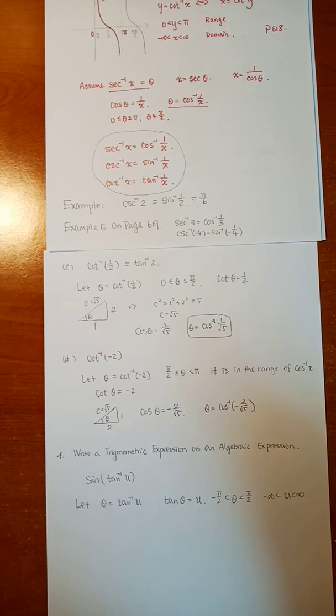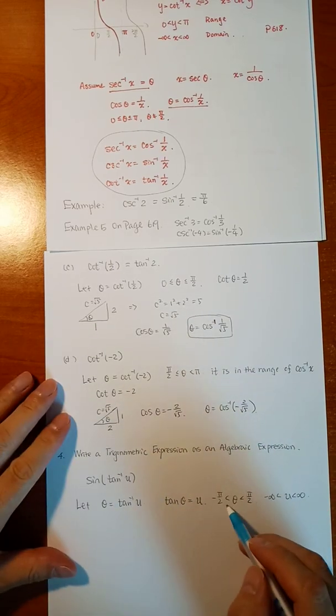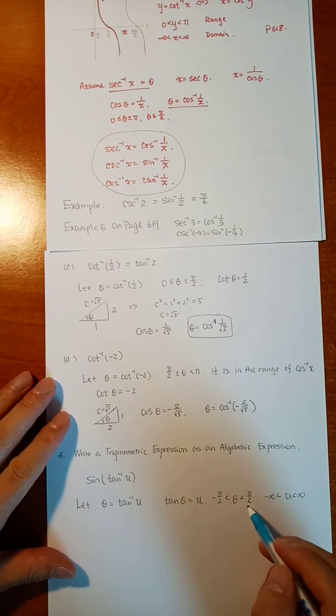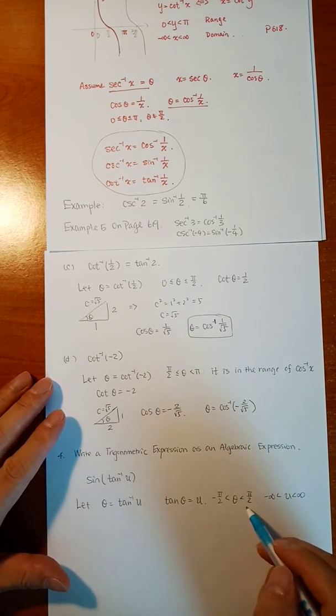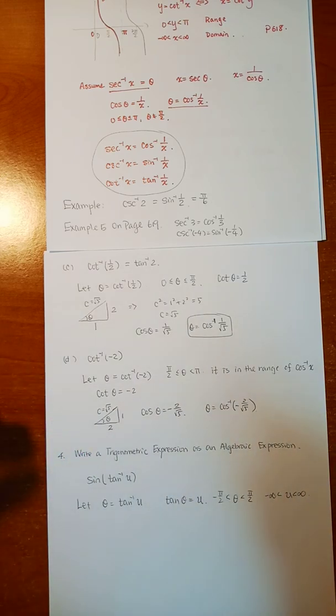Okay? So what do we have? In this range, this is the fourth quadrant and the first quadrant. Fourth and the first. Only cosine is positive. Cosine and secant are positive.